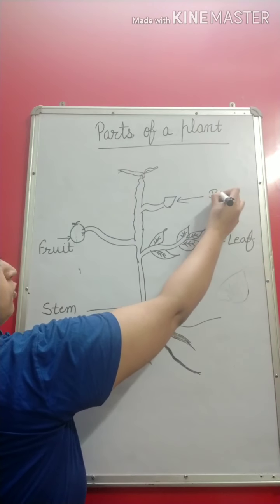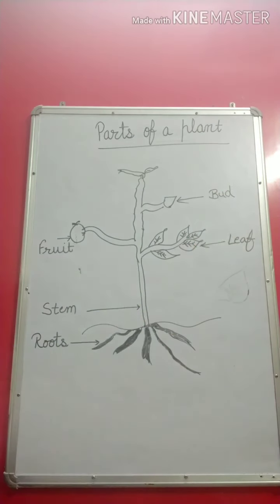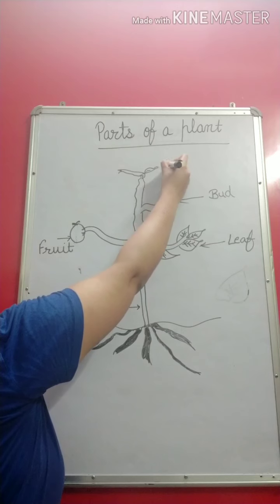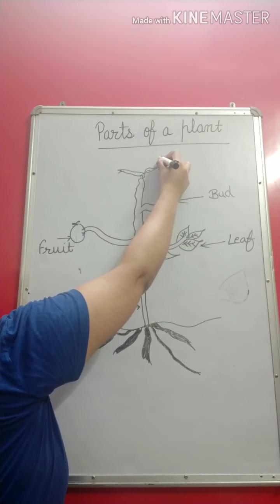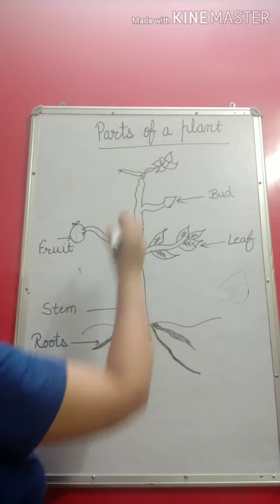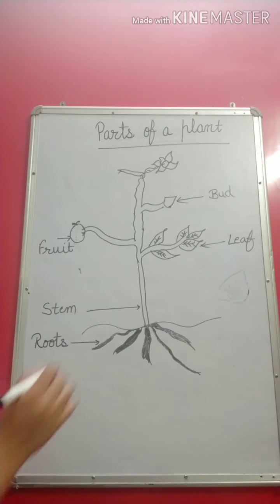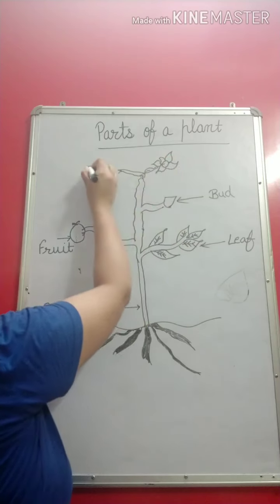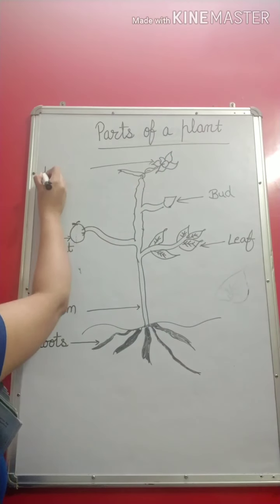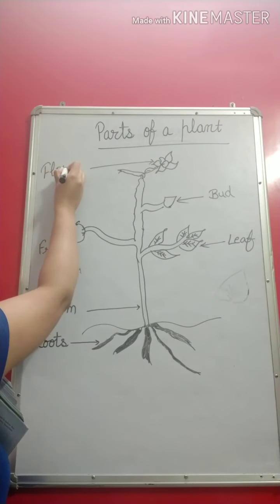Bud is before the flower blossoms, the early stage of flower. And if I want to draw a flower here, I can draw this way. At the top I have drawn this. So here I am going to mention this one. That is flower.